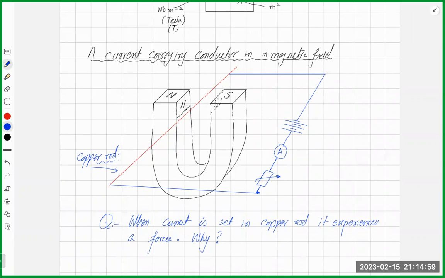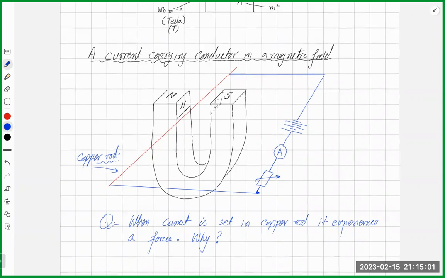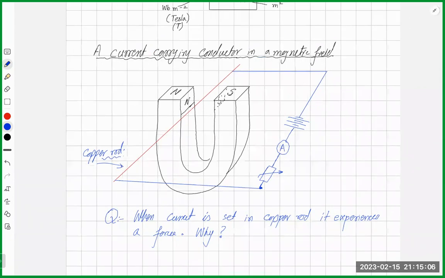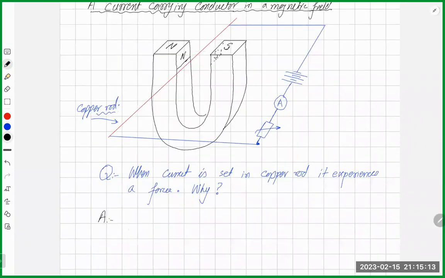The answer to this question is very simple, but yes, it might be new for some of you. Do you think this permanent magnet, the U-shaped magnet, has a magnetic field? I hope you all are saying yes, because it's a magnet. It should have a magnetic field. And when there is a current in the conductor, do you think a current carrying conductor will have its own magnetic field?